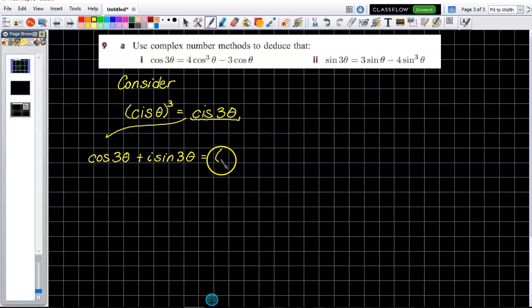So what is left to do but to expand cos theta plus i sine theta, all cubed, and then equate the real and the imaginary bits.